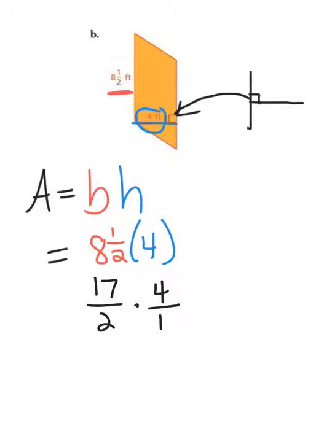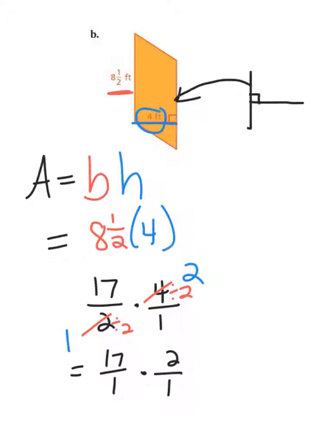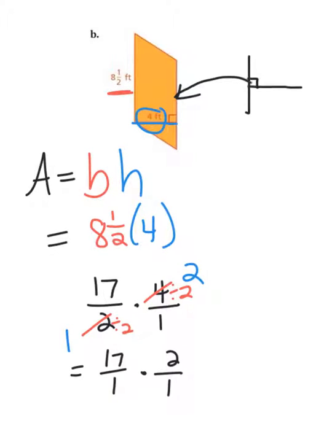Then just like we did with all our other fraction work, we're going to see if we can cross simplify. If I divide this one by 2 and divide this one by 2, then this number will become a 1 and this number will become a 2. I should check both ways before I cross, but I can't go any lower over there. So my new fractions are 17 over 1 times 2 over 1. I don't have to do any flipping or moving in this case.